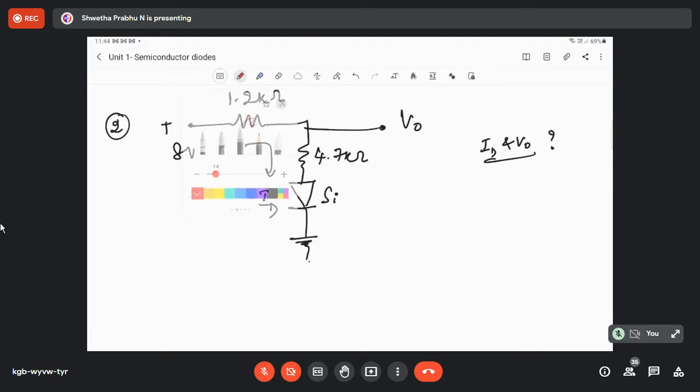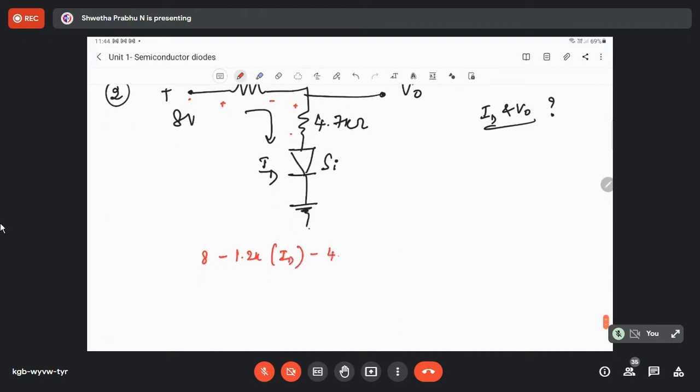Here, listen, here you have 8 volts, right? I can write it as 8 minus, current is flowing in this direction, positive, negative, positive. So I can write minus 1.2K multiplied by ID, minus 4.7K multiplied by ID, minus 0.7 volts equals 0.